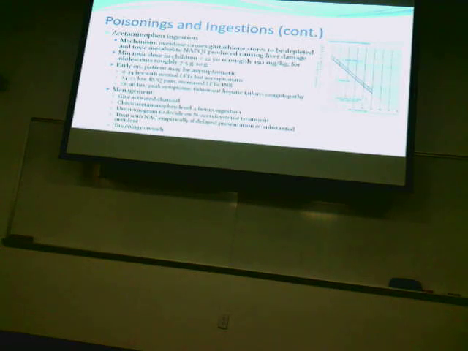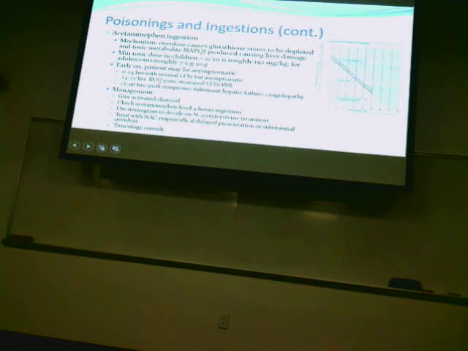So our treatment for this, we can give activated charcoal. We can check the Tylenol level 4 hours after ingestion. And at the 4-hour mark, this is when we can use our nomogram to decide whether we give an acetylcysteine treatment. So based off how much was ingested and what time.